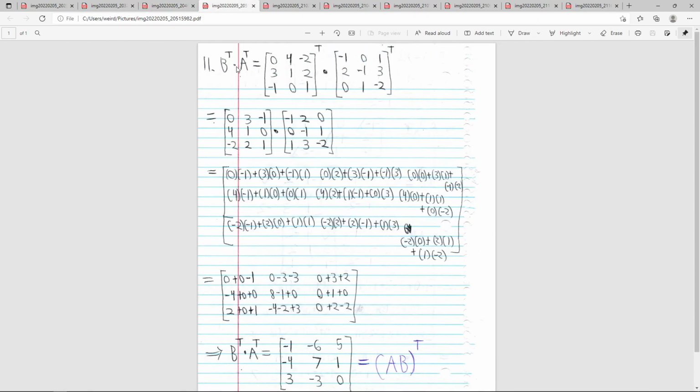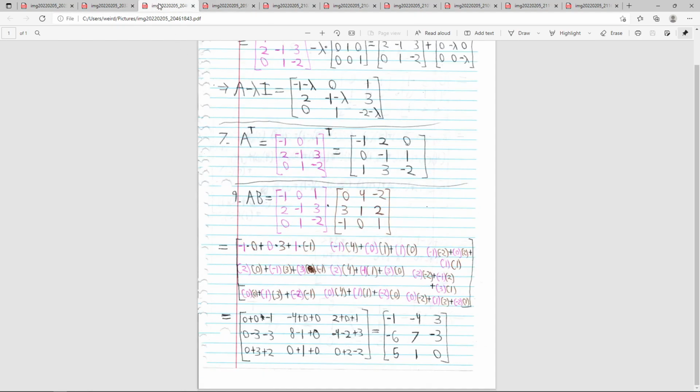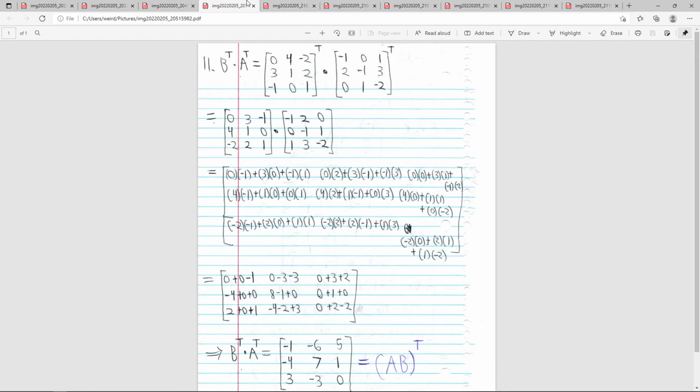B transpose times A transpose. This is an interesting one. You can do it the longer way by just doing the transpose. It's not that much longer because you're literally just transposing. But you can use a property and your answer from before to figure it out real quick. So B transpose times A transpose.